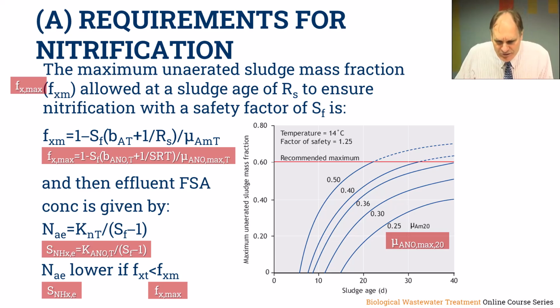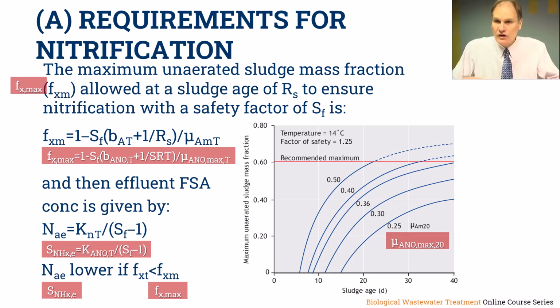And when the sludge age is 10 days, then 20% of the mass of sludge in the system is allowed to be under non-aerated conditions and still ensure nitrification. And so here you can see that as I increase the sludge age, now if it's 20 days, I can have as much as 50% of the mass of sludge in the reactor in a non-aerated condition.